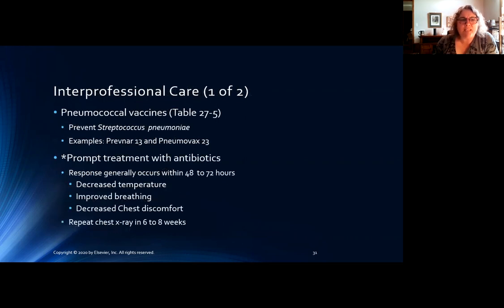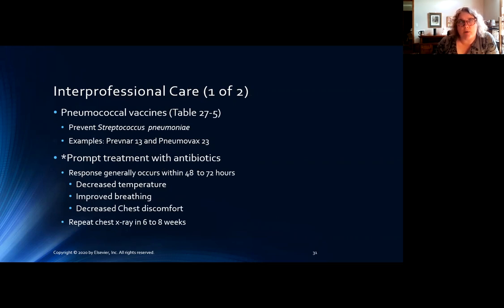Interprofessional care on page 27.5. We're trying to do our best to prevent streptococcus pneumonia, and we're doing that through pneumococcal vaccines like Prevnar and Pneumovax 23. We'll also be implementing prompt treatment with antibiotics.